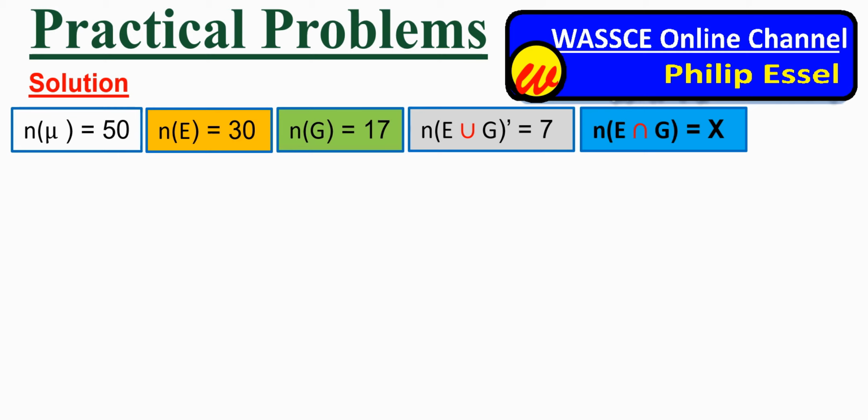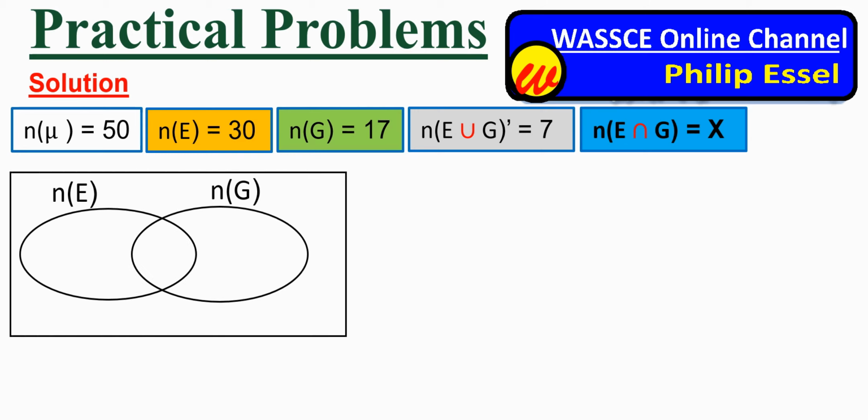The first question asked us to illustrate the following information on a Venn diagram. So we are going to use this information we've gotten from the question to draw a Venn diagram. So we have our Venn diagram, but it is not complete. So let's use the information gathered to complete it.